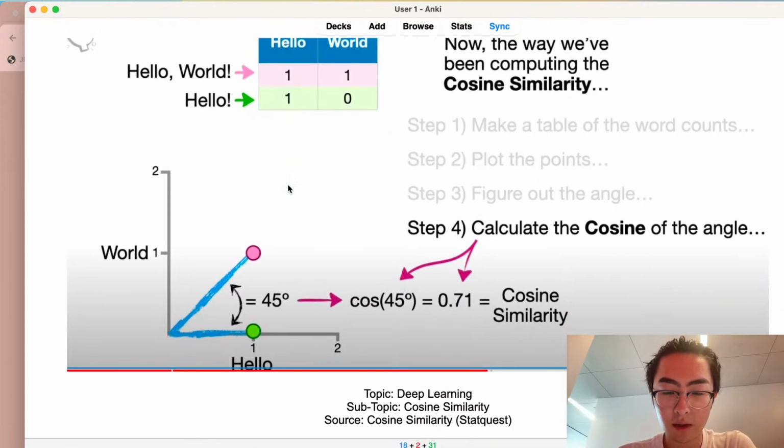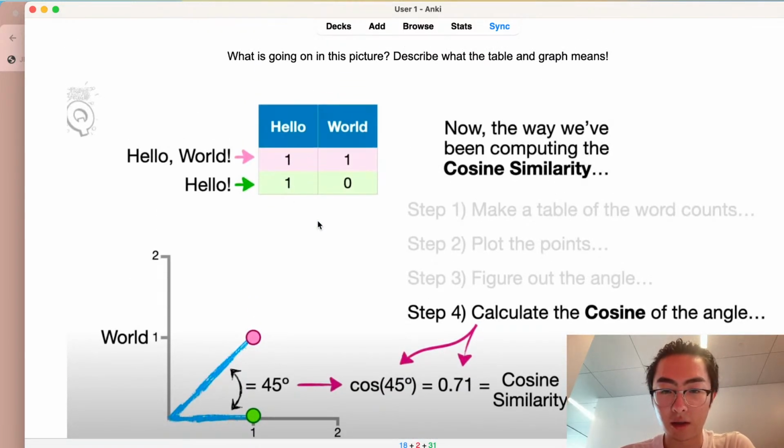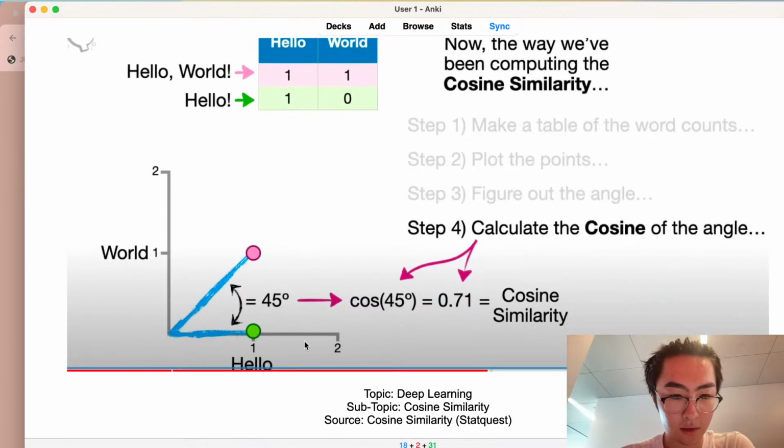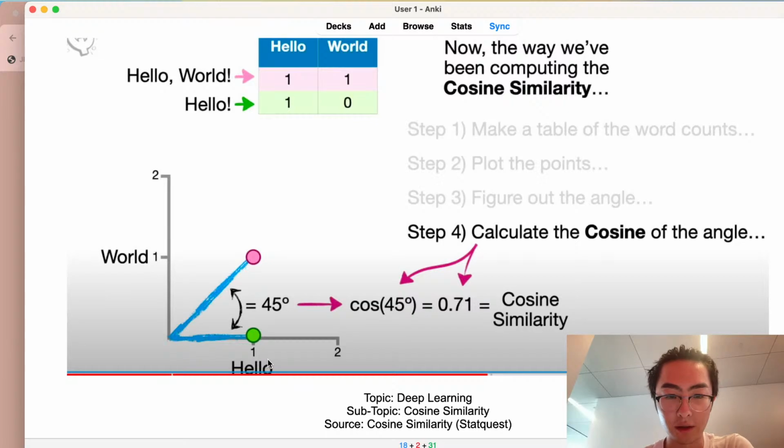So what we're doing here, it seems like we're trying to calculate the cosine similarity between these two phrases. The way we've done that is we've plotted each phrase onto a two-dimensional graph, where the y-axis is the occurrence for world, and the x-axis is the occurrence for hello. Then we plot each phrase. Specifically, each point represents how many times each of these words appear in the phrase.